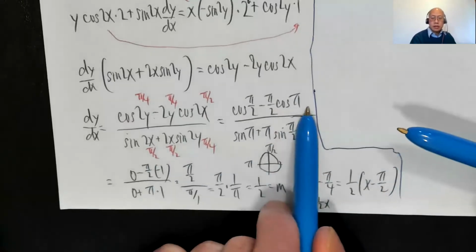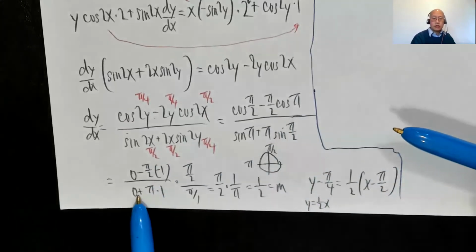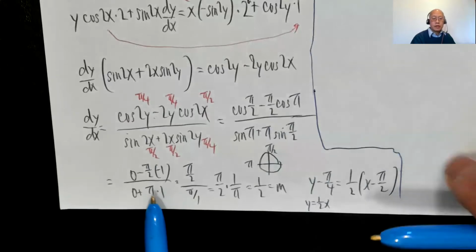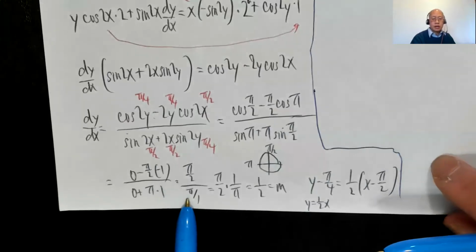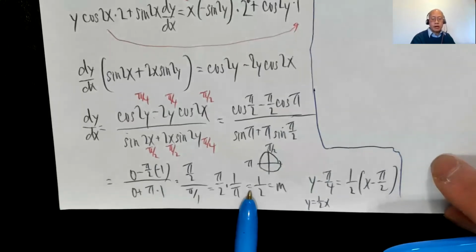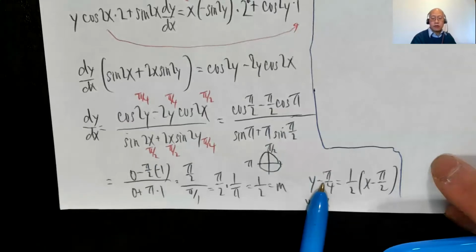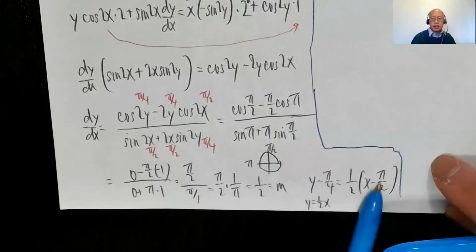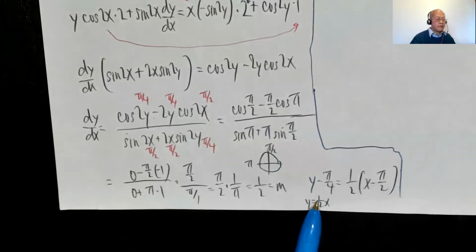Okay, that's 0. That's negative 1 over 0 plus pi times 1. That's pi over 2 divided by pi, which is pi over 2 times 1 over pi, 1/2. So y minus y1 equals m times x minus x1, or y equals a half x.